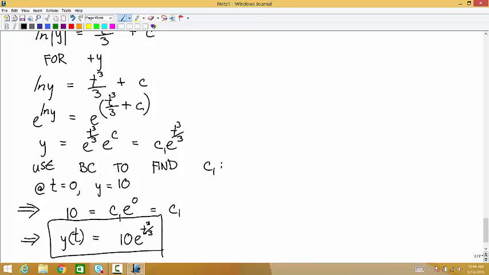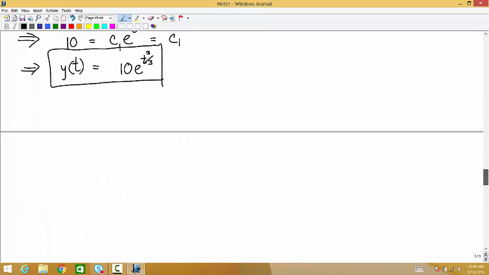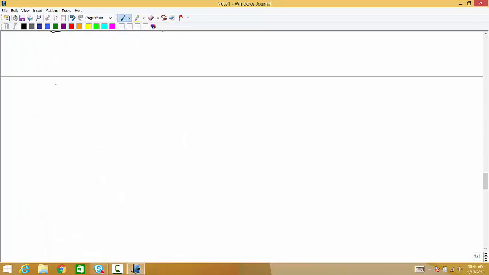The next example. In dynamics and physics, you have a lot of second-order differential equations because acceleration is a second derivative of position. So here's an example of a second-order ODE.